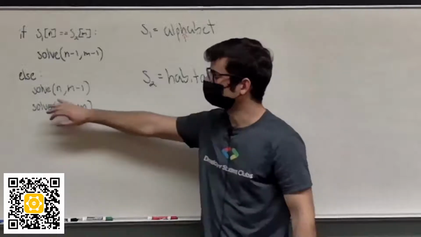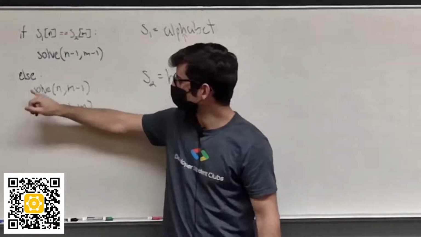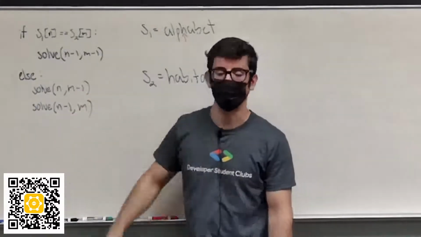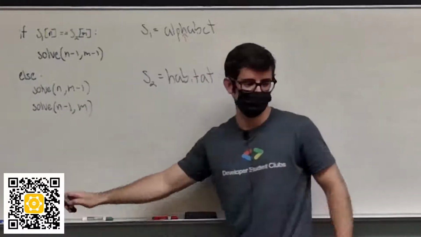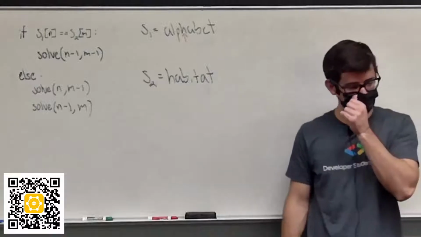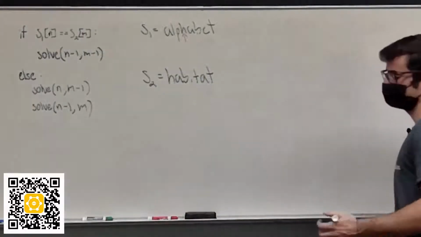So solve is going to return some number, and we're going to choose the one that's greater, either from when we move m down by 1 or n down by 1. That seems perfect and foolproof. This looks perfect, right, guys? No, not really. Let's go over why.